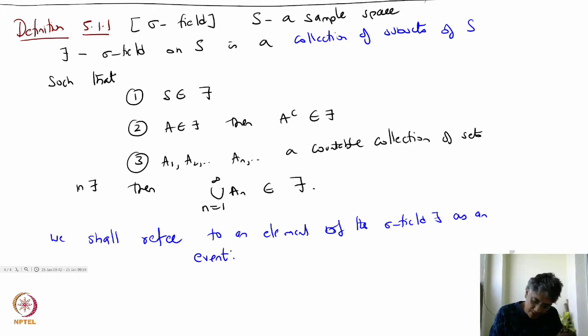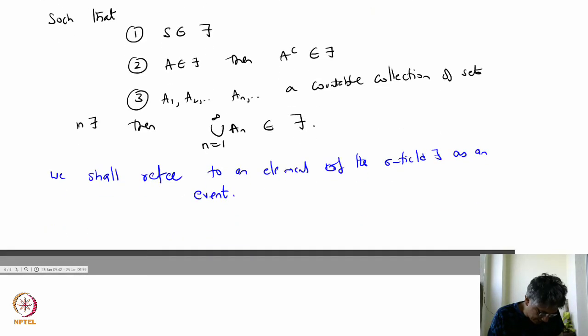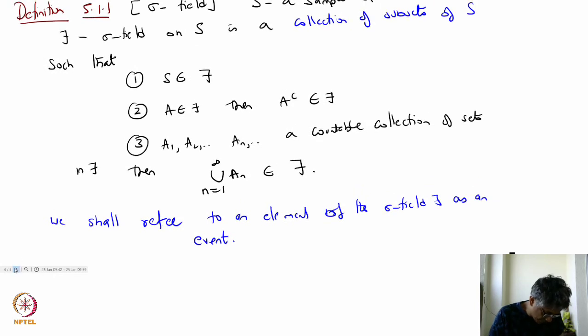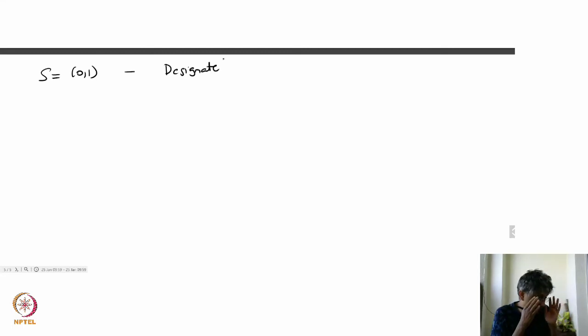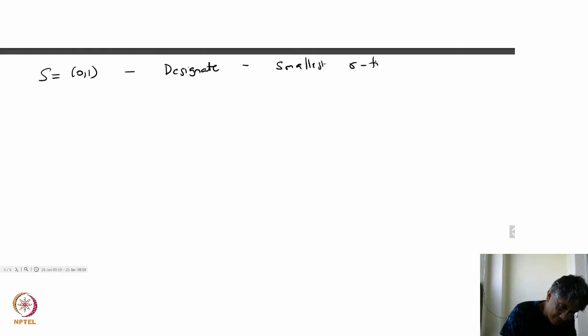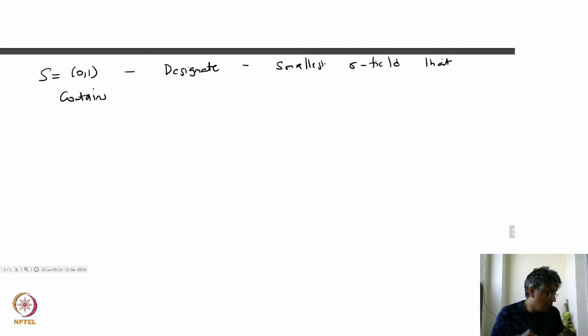And then what we'll do is go to our particular problem of 0, 1. If S is equal to 0, 1, we will designate our event space, what we're interested in, as the smallest sigma field that contains all intervals.